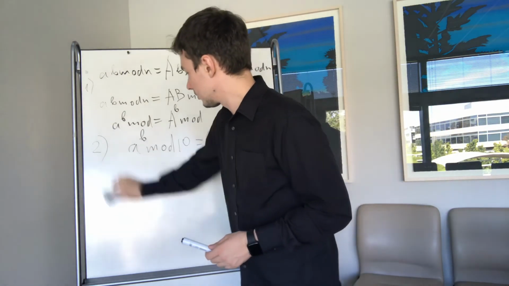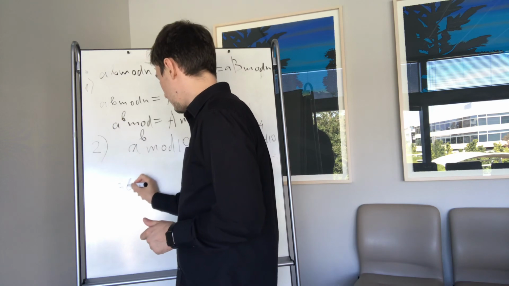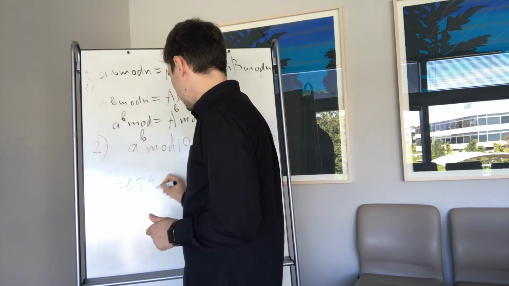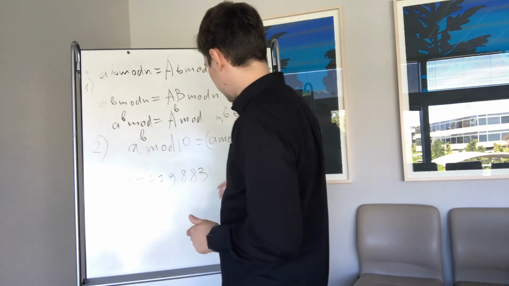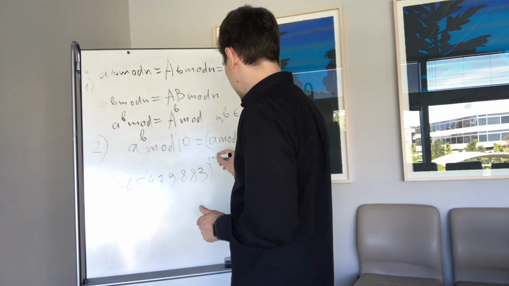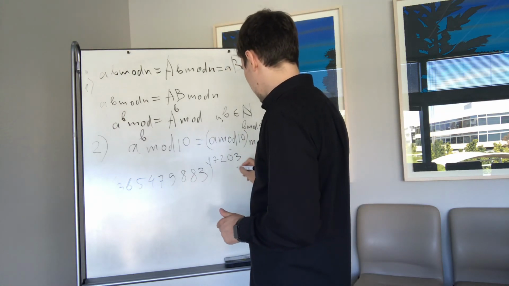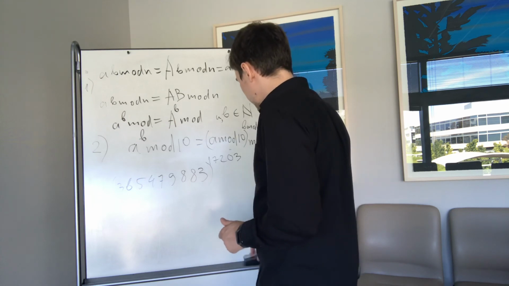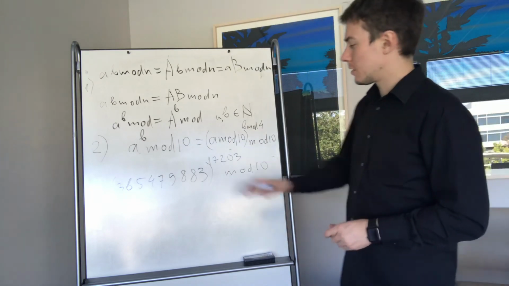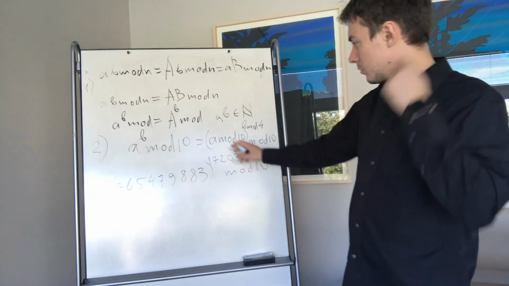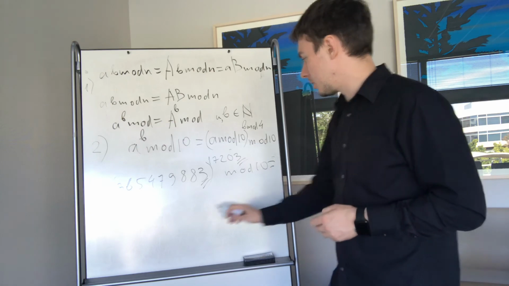So we don't need to know these leading digits to calculate this formula. Now let's say we want to calculate this power. It looks very complicated as well, but we have this formula and we know that we can calculate it like this.